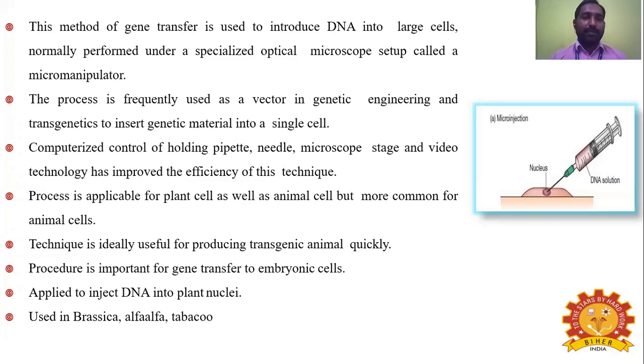All these features have been improved consecutively after developing microinjection, and it has been integrated with all this technology, so this particular method became very efficient compared with the other methods. The microinjection process is applicable to both plant and animal cells, and this technique is mainly used for producing transgenic animals.